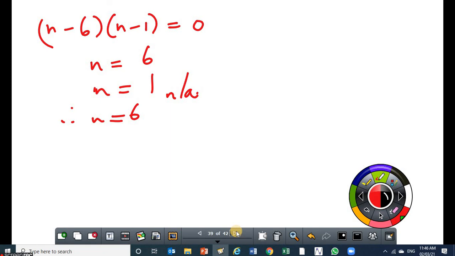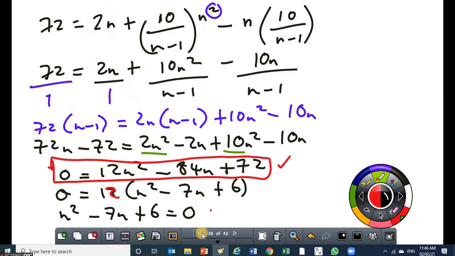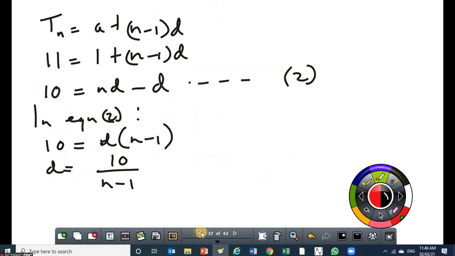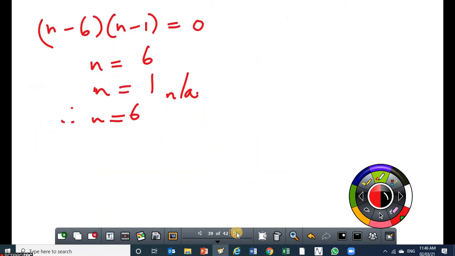Okay, so we got our n. Now I need to go back to where I wrote d here. Where I wrote d equals 10 over n minus 1. Right? So I need to determine what d is. So remember, d is equal to 10 over n minus 1.